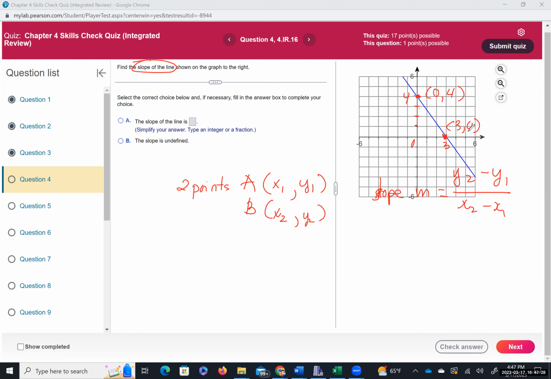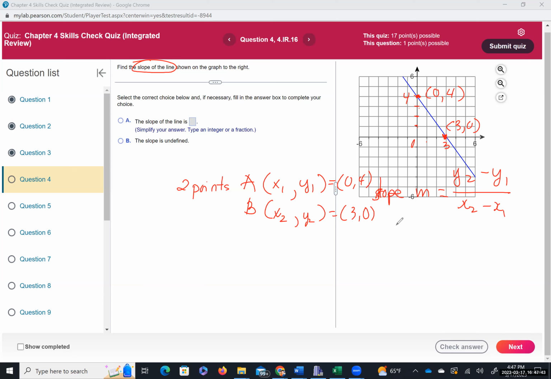So we actually have 0, 4, and then 3, 0, right? So we're gonna substitute into the formulas.